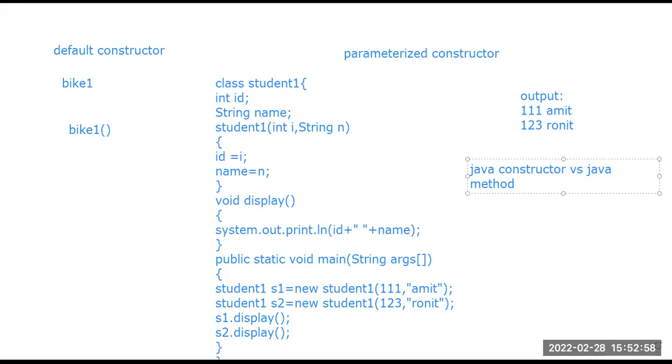And in this part, constructor overloading is present: when more than one constructor is present with a different parameter list, the technique of constructor overloading comes into the scenario, right? So these are the basics of the Java constructor and Java method.